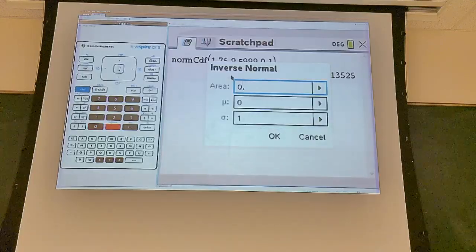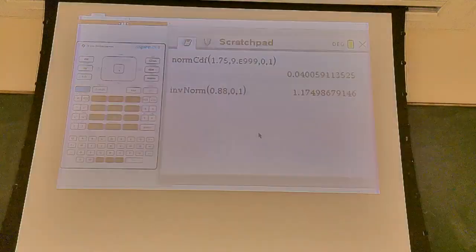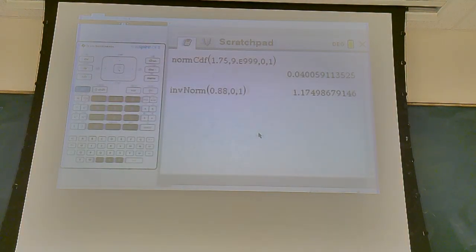Area was 0.88, right? And it's the standard, so mean and standard deviation, 0 and 1 respectively. To 2 decimal places, 1.17. I'll just screenshot that.